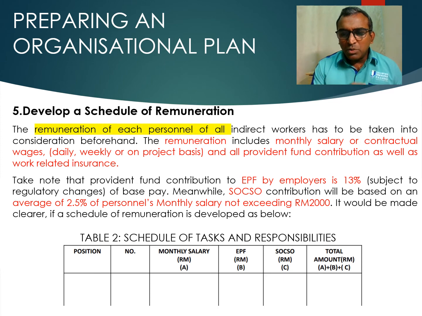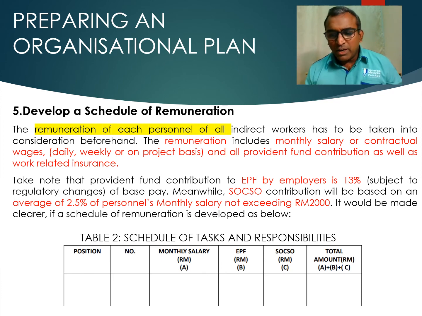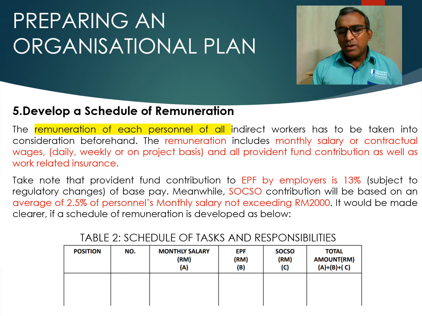But what is taken from you, that 12% is good for planning your admin budget, and then SOCSO 2.5%, and all that. You also need to think about giving overtime for your laborers. All that you have to predict now itself.